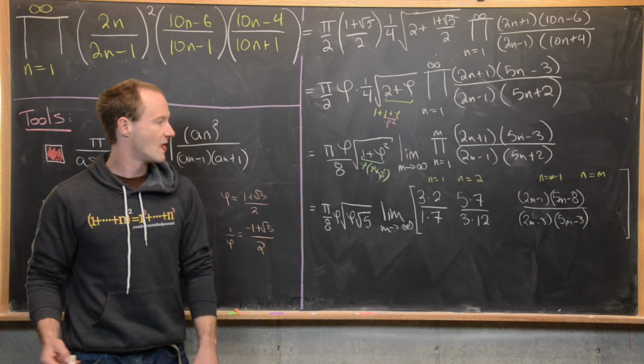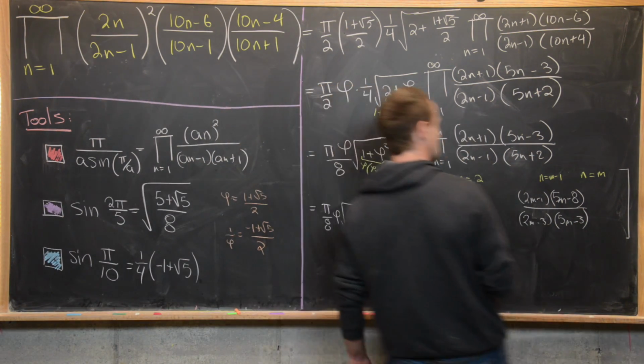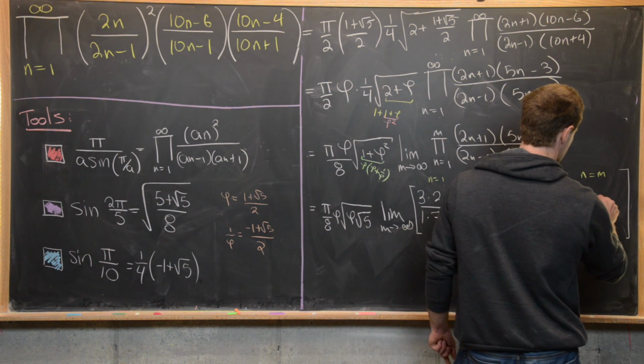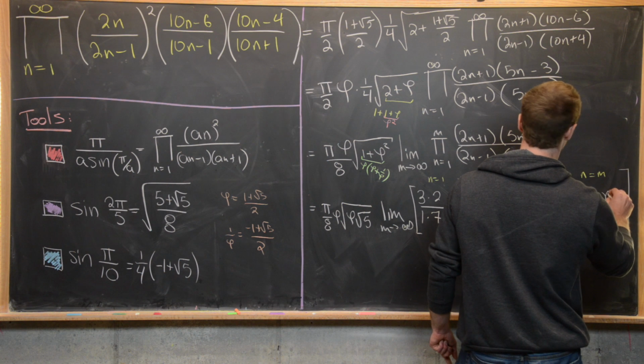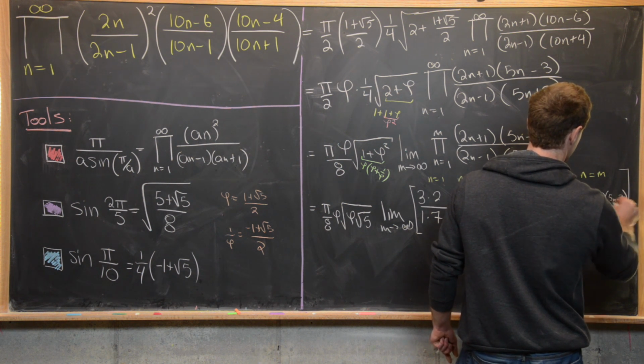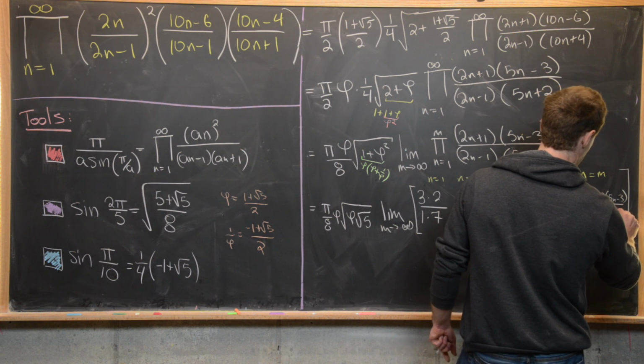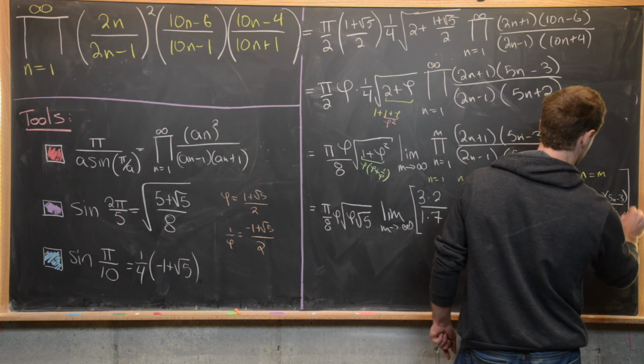Great. And then our last term, which is n equals m, well, that's just going to be exactly this, but we switched n's with m's. So here we have 2m plus 1, 5m minus 3 over 2m minus 1, 5m plus 2.